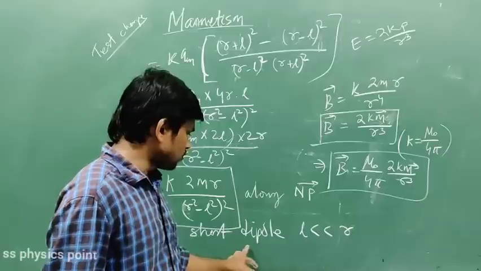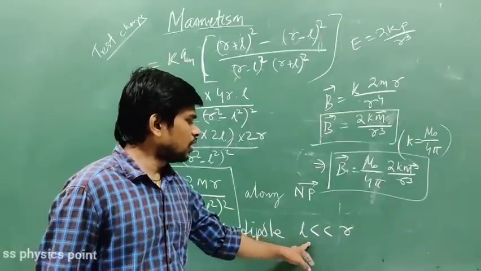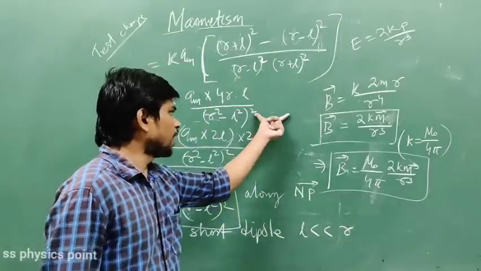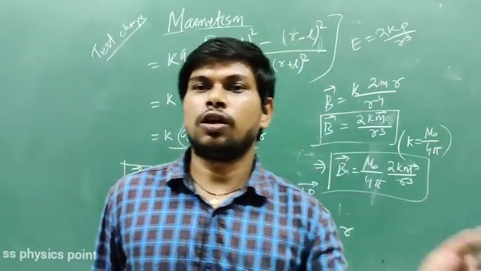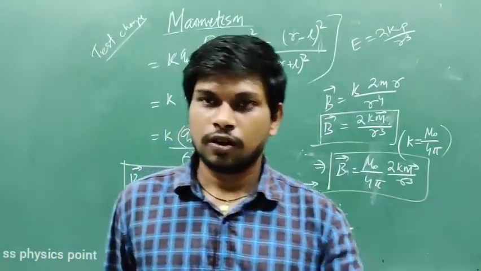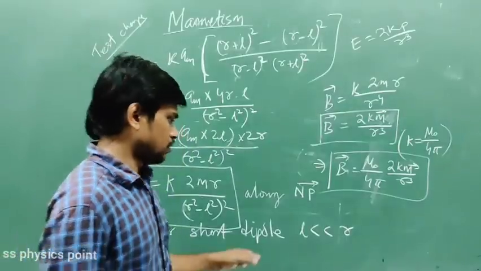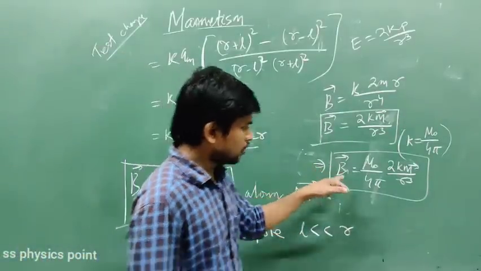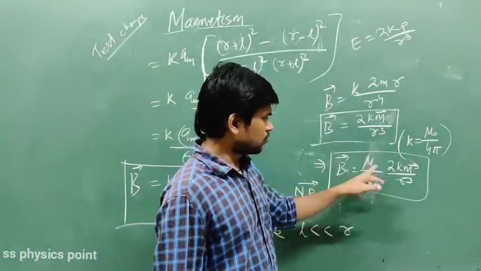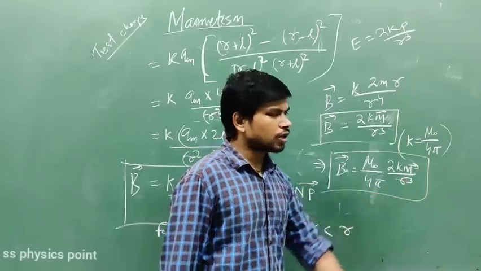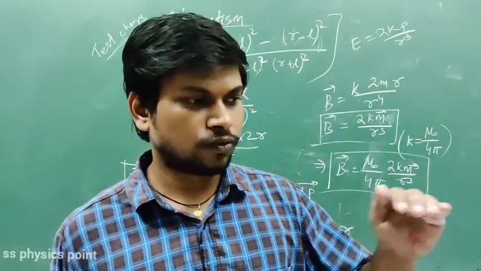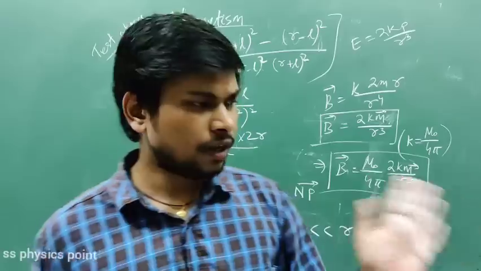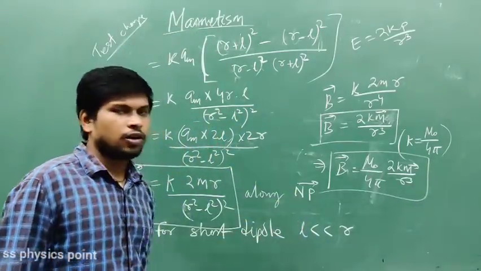Remember, you should write this for a short dipole, where l is much smaller than r. The magnetic length is very small compared to the distance of point P from the center of the magnet, only then the magnetic field is mu naught by 4 pi 2m by r cubed, and it is along the direction NP.